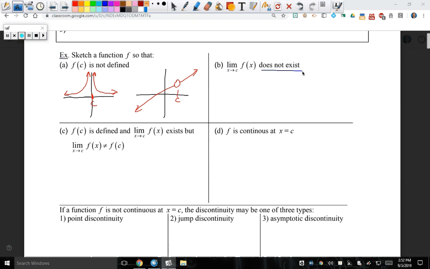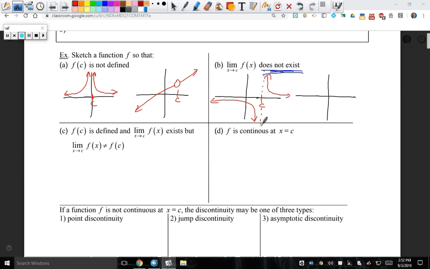So now if the limit doesn't exist, let's do two graphs. Okay? Jordy, what would this look like? What's one variation where the limit does not exist? Okay, perfect. So now let's do one where, let's say c is over here, and this one goes down, and this one goes up.